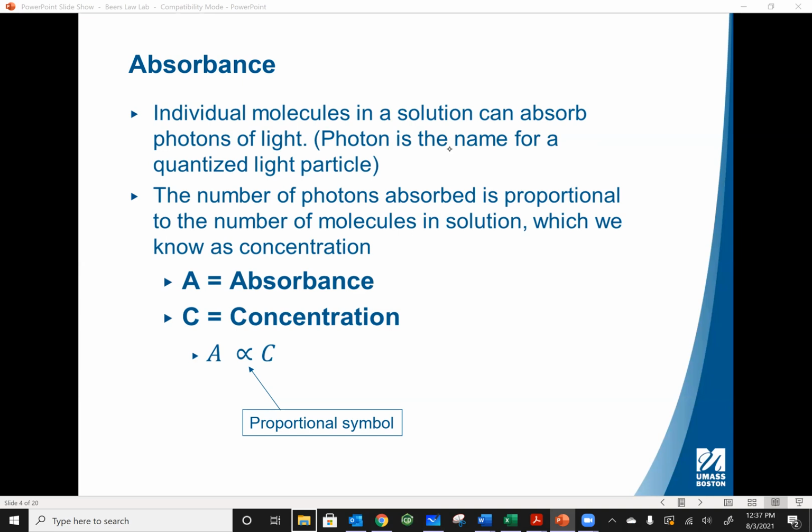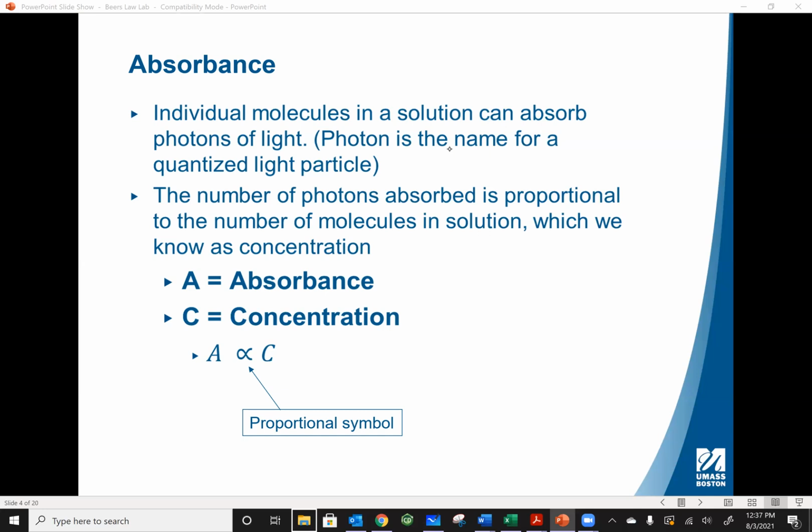Some absorb in the UV, some absorb in the IR region, some absorb in the Raman region. But today we are concerning ourselves with the photons in the visible light spectrum.